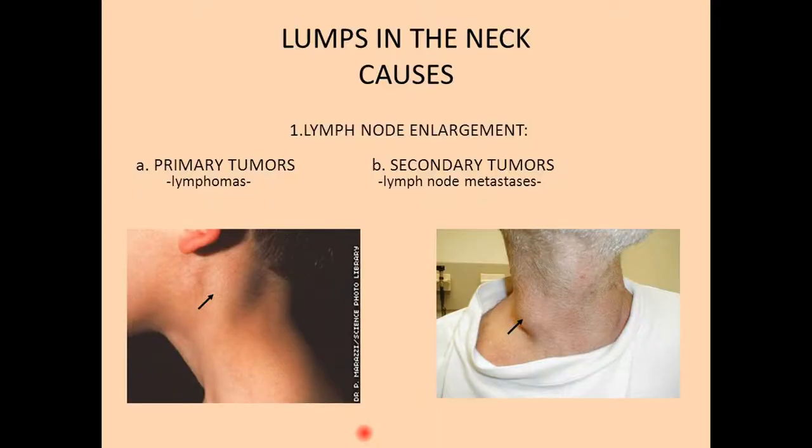node may be palpated. Lumps in the neck, meaning any swelling, we call a lump. For example, in the neck it may be lymph node enlargement, a secondary tumor, or a primary tumor like lymphoma.